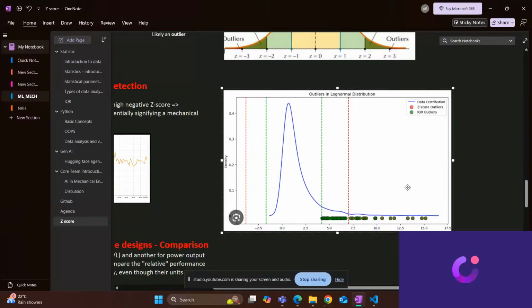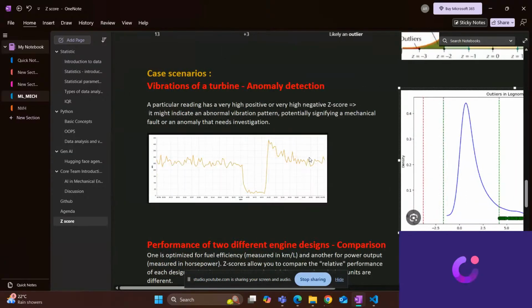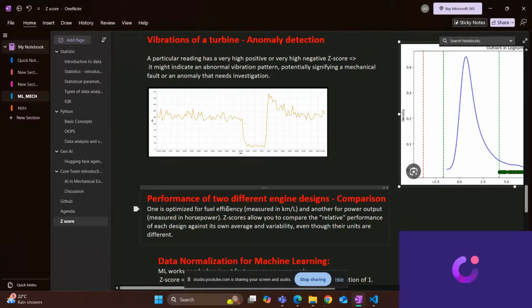Whereas with IQR, where we take the 25% and 75% of the data as the limit, we identify more outliers here. So this depends on the domain or application we use. Another example is the performance of two different engine designs, where in one case we try to optimize a design using fuel efficiency and in the other using power output.